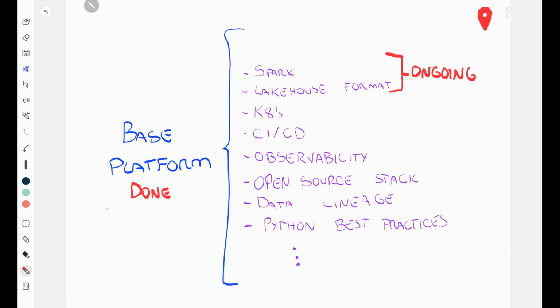Again, about our platform: the base platform is done, and this is the part we're working on now. We covered in this video all of the concepts we are going to need on Spark.